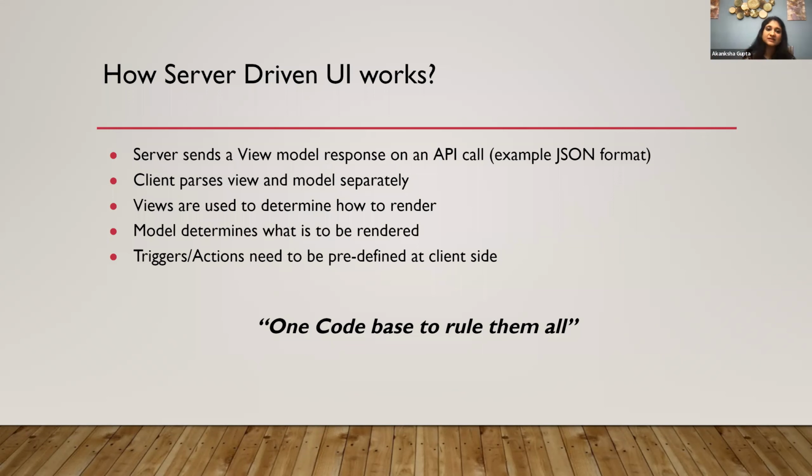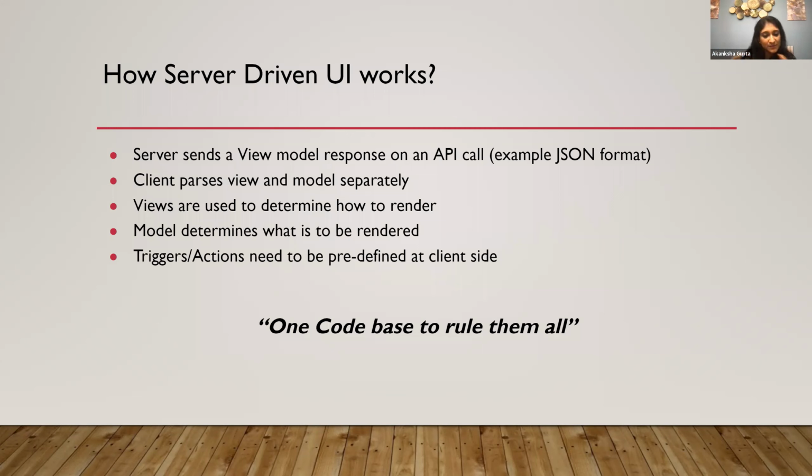Once this metadata is returned, the client will then parse this view and model separately. So it will understand, okay, this is the data coming for my data model, which is like, okay, display ABC, Columbia, DevOps. And then it will also be able to parse, okay, what's the view, right? Do I need to show it as a button?